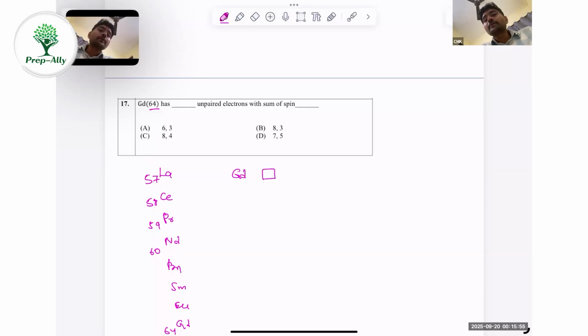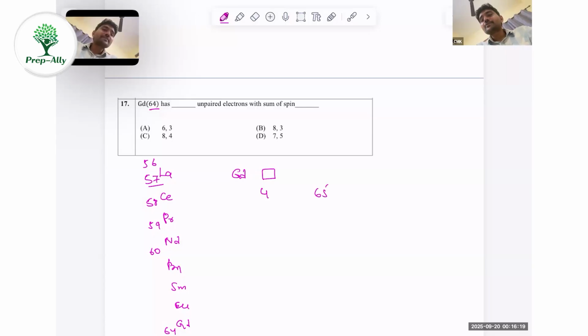After 57, lanthanum is a d block element. Before that we have 56 barium, 55 cesium and 54 xenon. So after xenon 54, how many electrons are there? We will count one by one. The electronic configuration of gadolinium: 6s2, f orbital started, inner penultimate shell, 6th period.